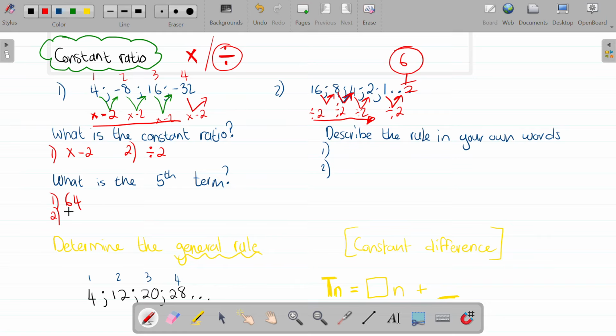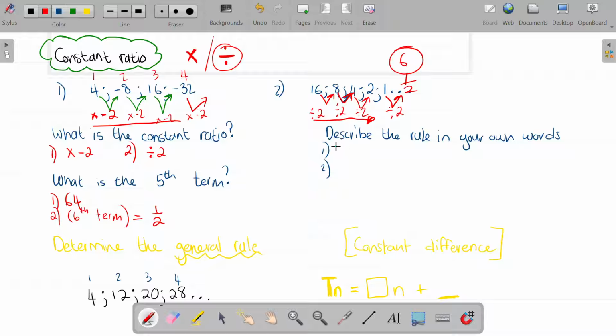So for number 2, I'm just going to put in brackets, this is the sixth term. And we are going to get the answer of a half. Okay, and then if we had to describe the rule in our own words, again, you do the similar thing with the constant difference. You take your constant ratio and you put it into your answer.